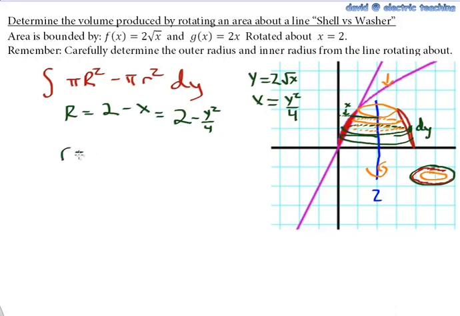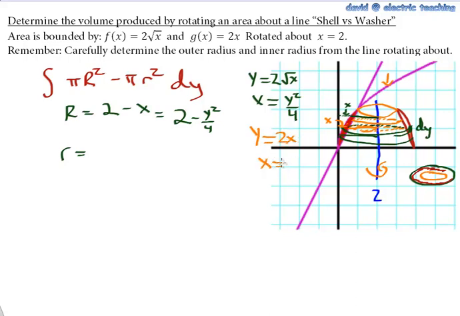The little radius also has the same kind of feature. The little radius is being controlled by the linear function. It really wants to be the whole 2 line, but we need to subtract off another x coordinate, the x based off of the line y equals 2x.